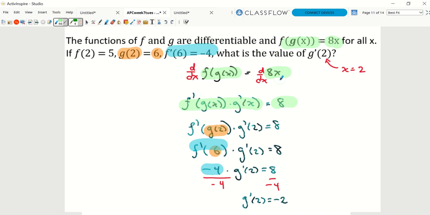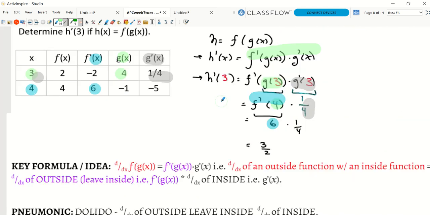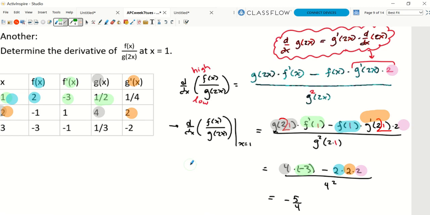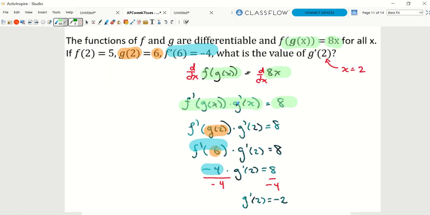The derivative of 8x is 8, and through the chain rule, this green becomes that green. This is literally copied from the first slide right here at the top. So I copy this down right here to right here.